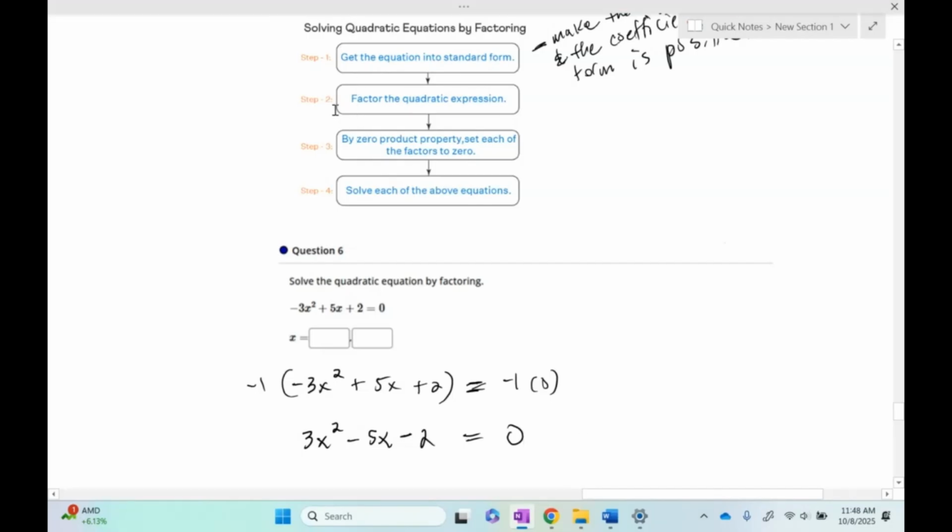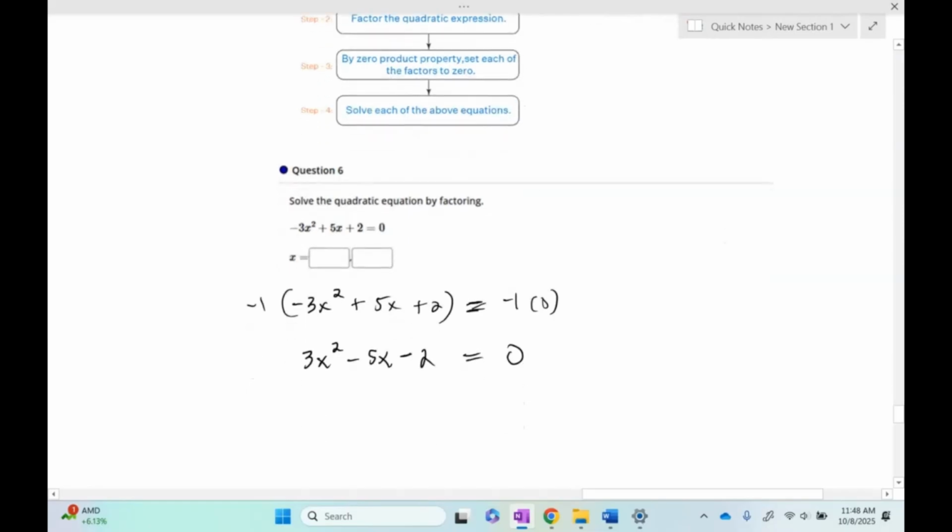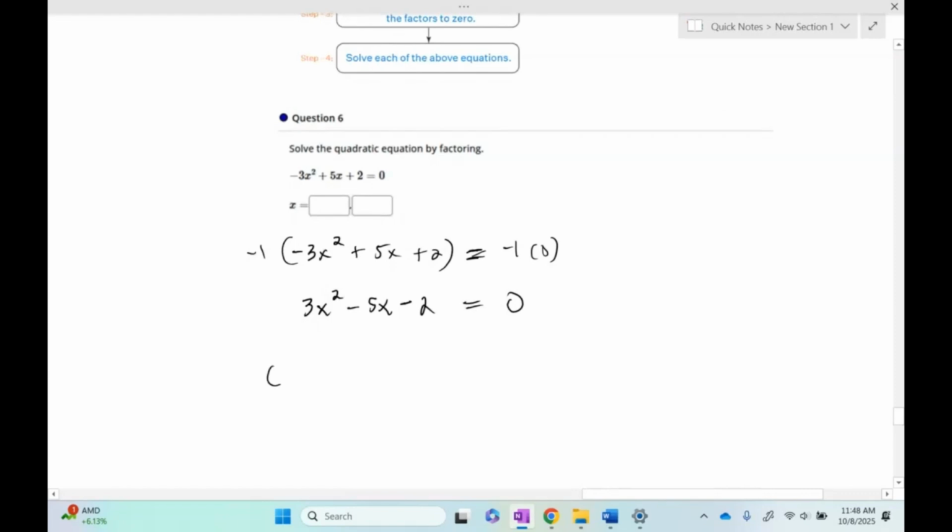The second step says factor the quadratic expression. So I'm going to make 2 sets of parentheses, and it's still set equal to 0. Keep in mind that factoring and the FOIL method, first, outer, inner, last, are reverse processes. So whatever I put in my first terms, when I multiply it, should give me a 3x squared.